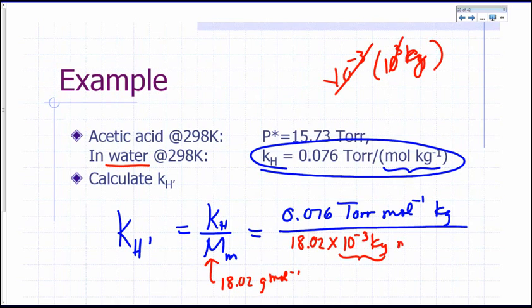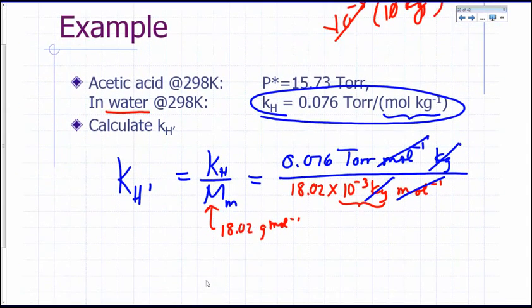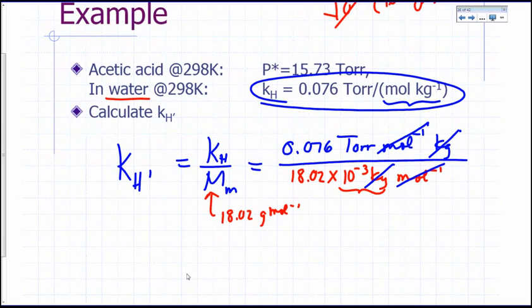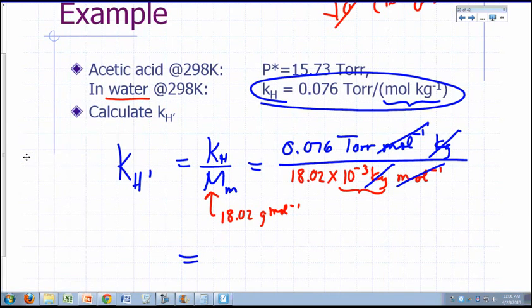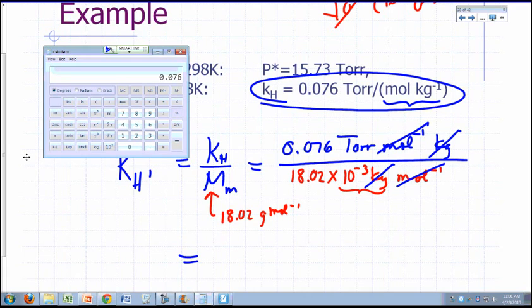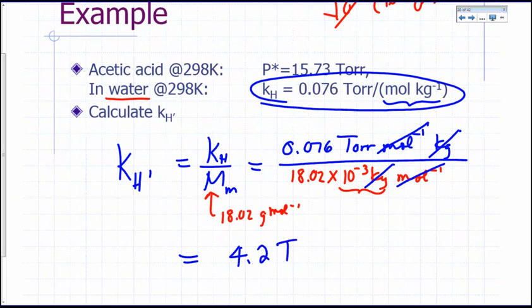So kilogram per mole. So mole cancels out, kilogram cancels out. That gives you your KH prime in torr. So that should give us a value of, let's see, 0.076 divided by 0.01802, 4.24, which is what we had earlier.